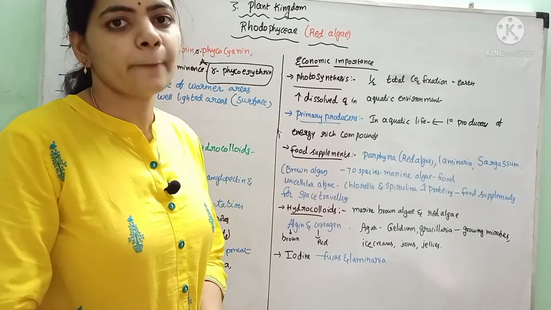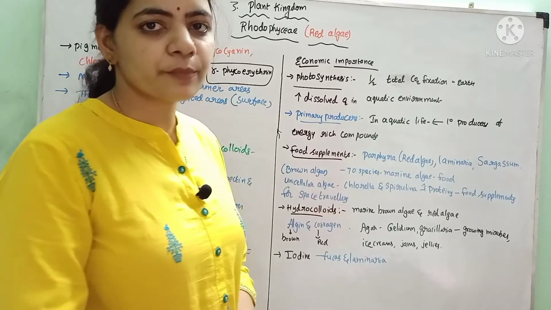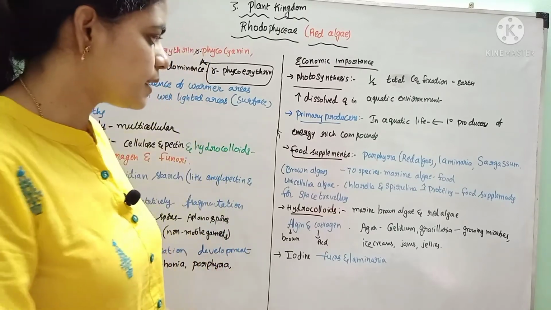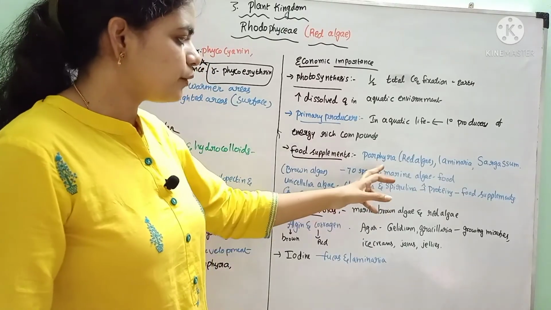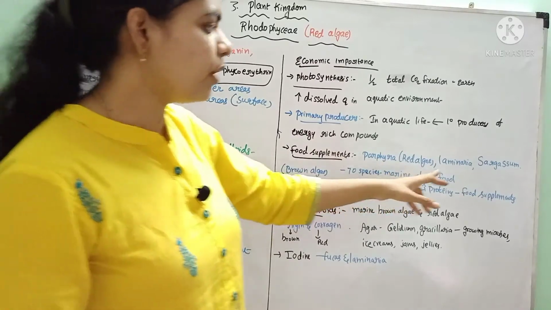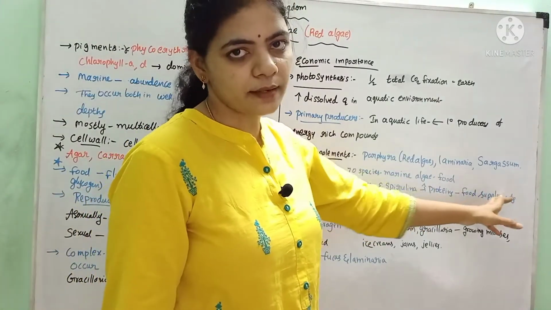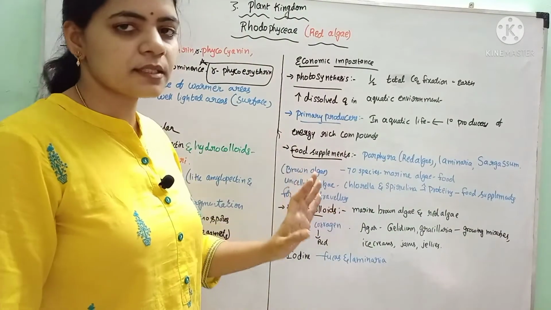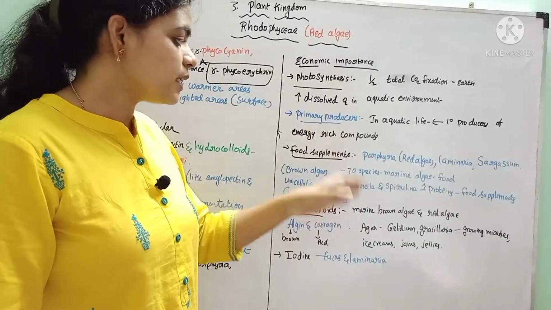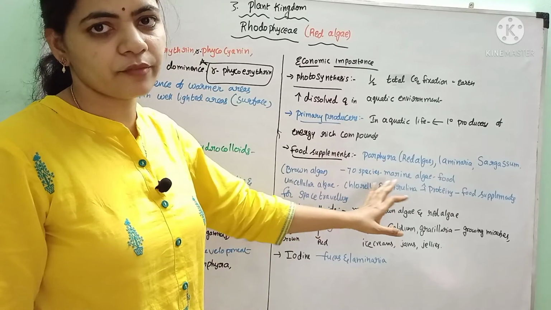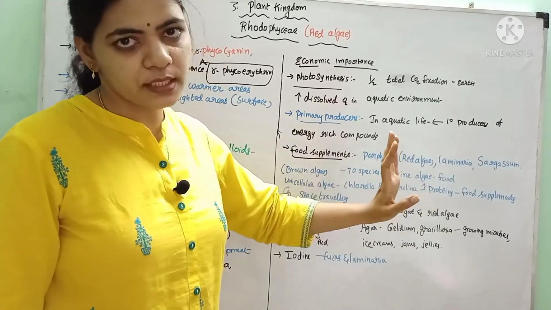And food supplements. Some of these algal members, brown algae and red algae, are used as food supplements. Red algae like Porphyra and brown algae like Laminaria and Sargassum are used as food supplements. Nearly 70 species of these marine algae are used as food supplements.